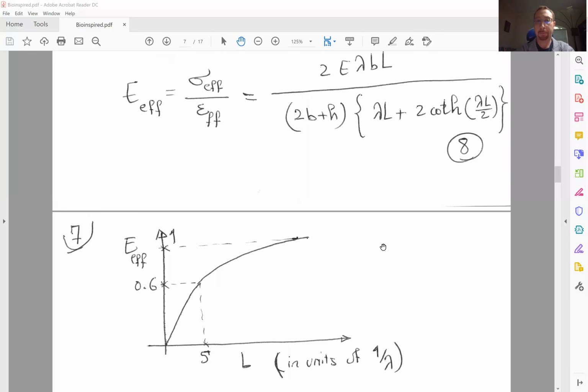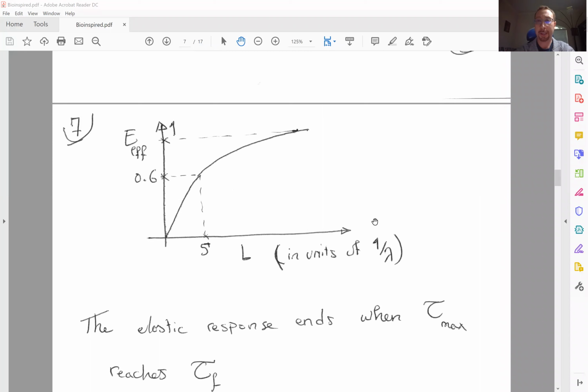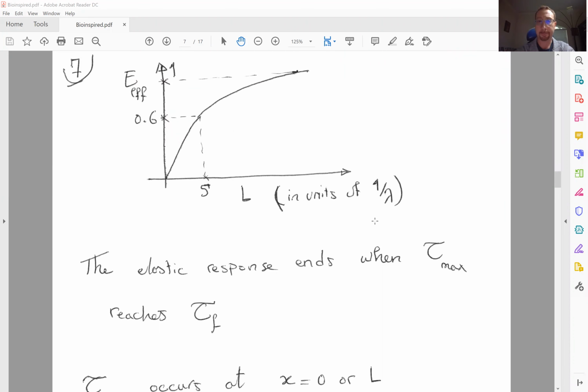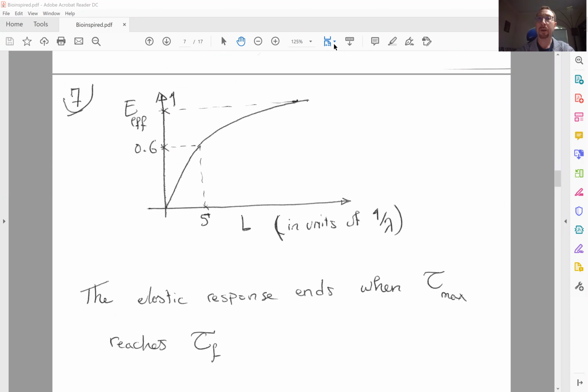So now I can plot equation 8, shown here.